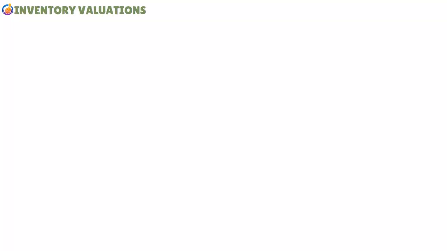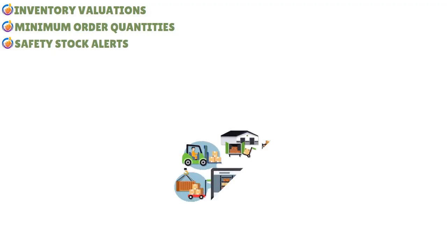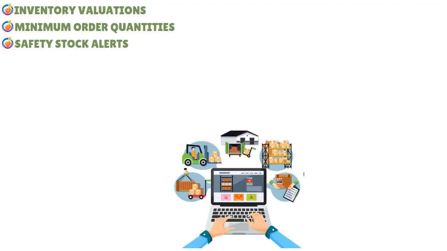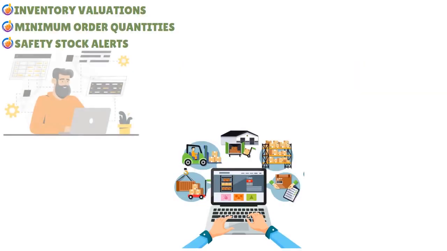You also have inventory valuations, you have MOQs, and you also have safety stock alerts. Those are pretty strong methods when it comes to inventory management techniques. Okay, let's go a little more granular here. When you think about inventory valuation, this is the cost of unsold inventory at the end of a reporting period. This can be 3 months, 6 months, 1 year, or 1 month.